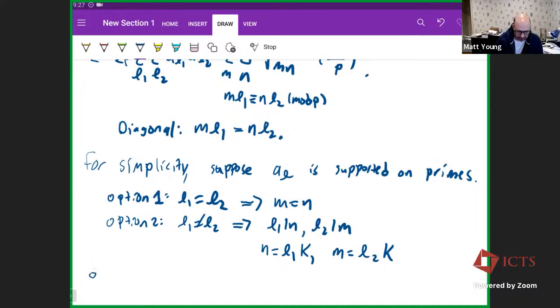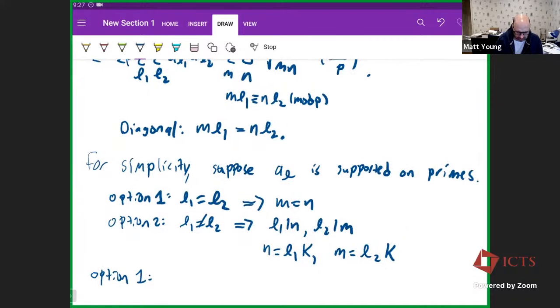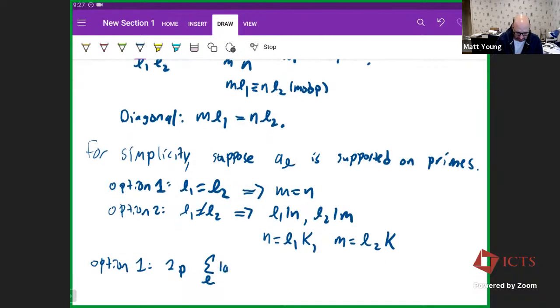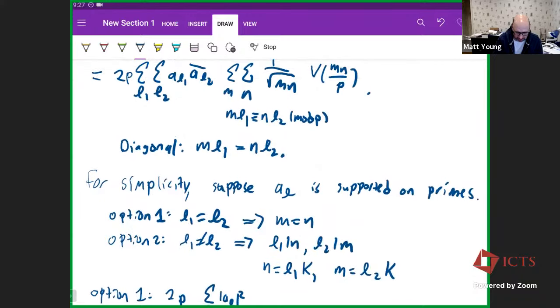So the option 1 terms give rise to 2 times P. You've got a sum over L, let's just call that L. So we'll have the absolute value of a sub L squared.